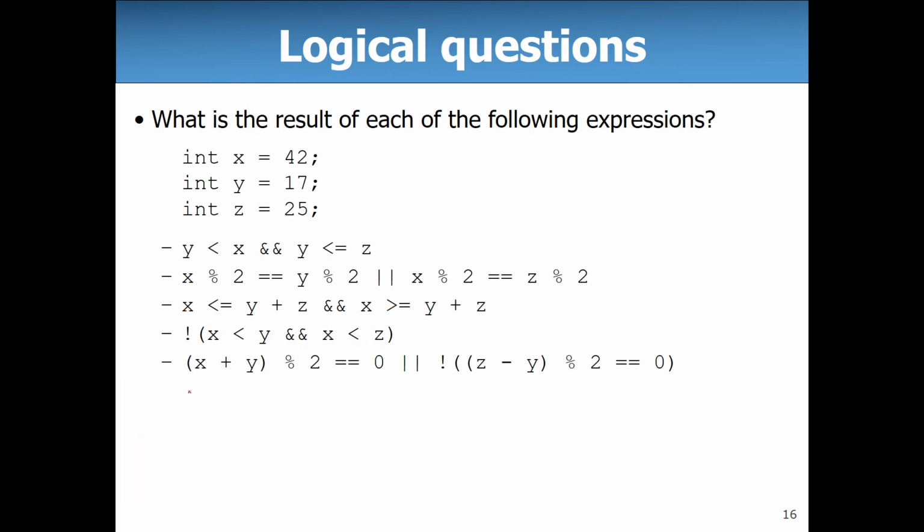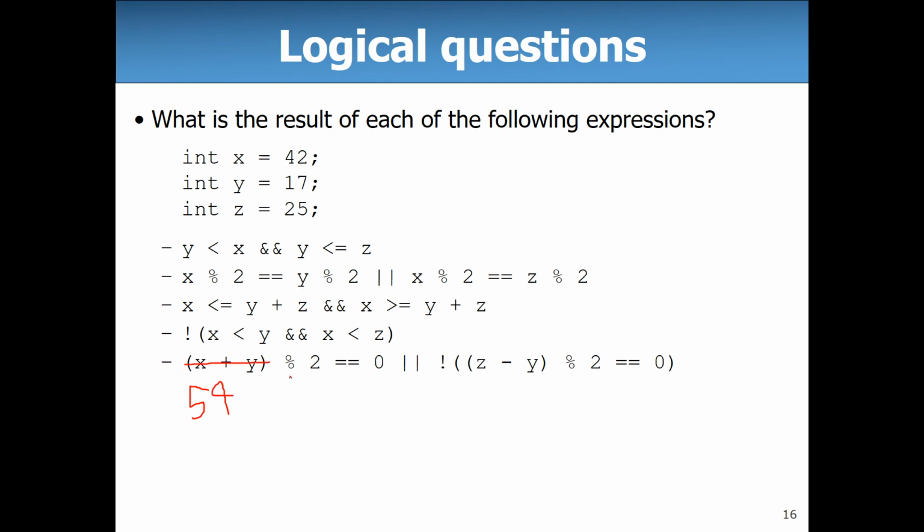Cool. All right. So now we've got x plus y mod 2. So remember, this was 42. Wait, no, sorry. X plus y, sorry, I thought it was doing y plus z. So 42 plus 17 is equal to 59 mod 2.